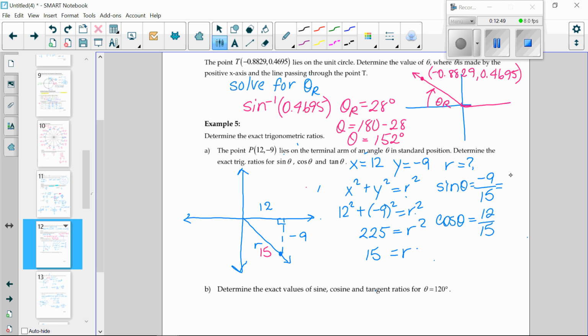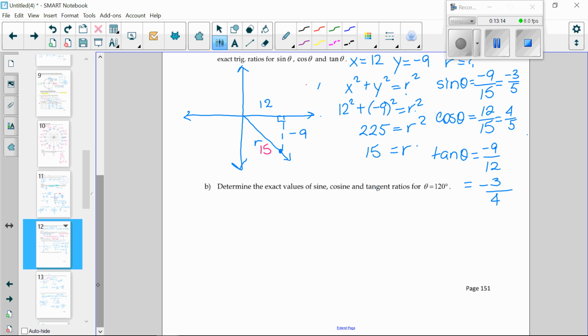So that is going to give me -3 over 5. This is going to give me 4 over 5. And then I need tan theta is equal to -9 over 12, which gives me -3 over 4. Okay.